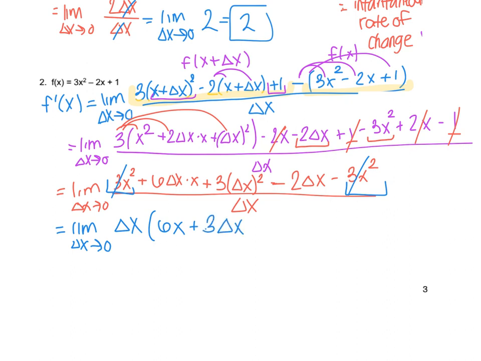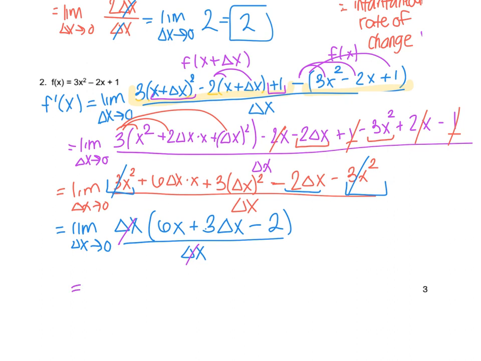And then when I factor delta x out of this minus 2 delta x, I just end up with minus 2, all over delta x. So we finally get to this point where we have two factors up here, delta x and this chunk of stuff, divided by delta x. Finally, I can make that cancellation and say, okay, delta x over delta x is simply 1.